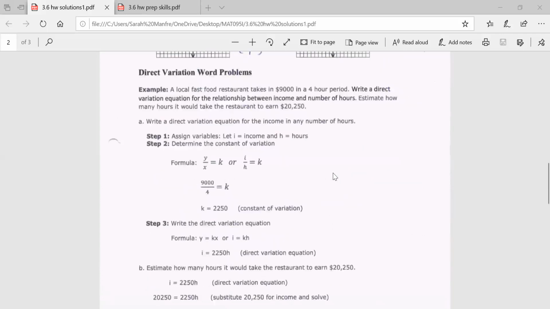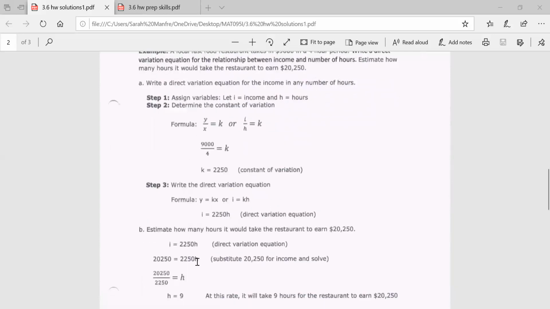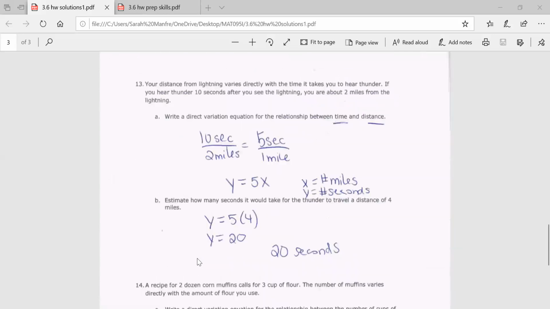Okay, now this gave you a quick synopsis of how to do word problems like you did, and we did a lot of these in the group work section of the videos, so hopefully you did well in these. But here, this one is looking at the distance that lightning varies directly with the time it takes to hear thunder.